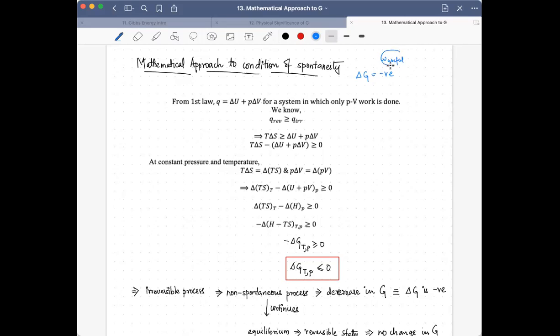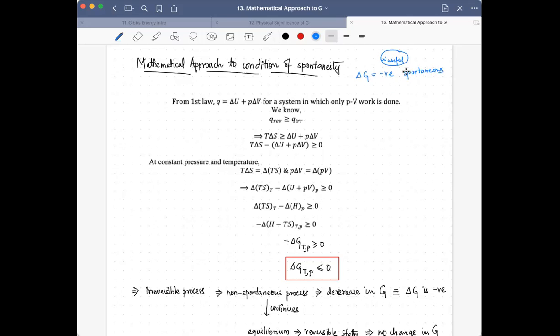So we know that when useful work is negative, then you can obtain some spontaneous work from the system. So the condition for spontaneity, that means for an irreversible process, spontaneous processes are irreversible, delta G should be negative.